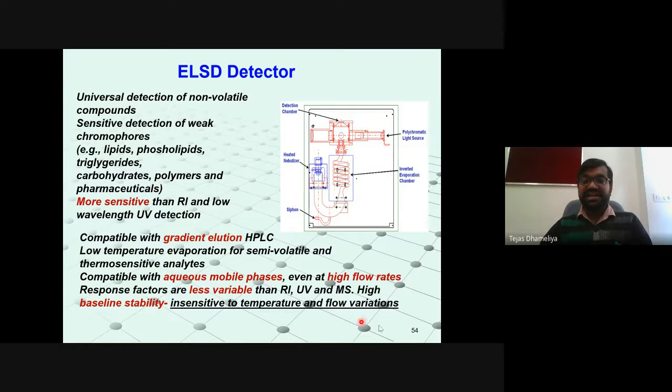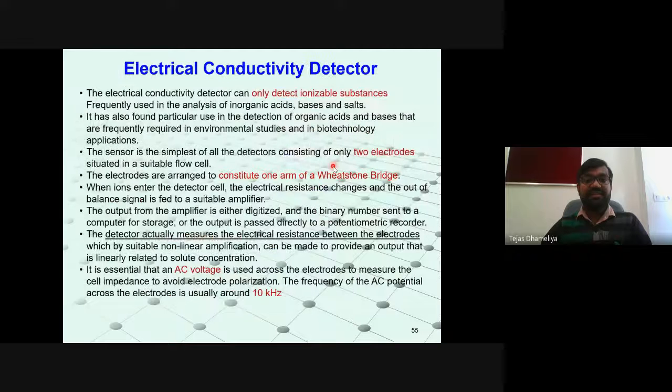This is basically the diagram of the ELSD detector. Electrical conductivity detector can detect ionizable substances. Mainly, it is used for inorganic acids or bases and salts.